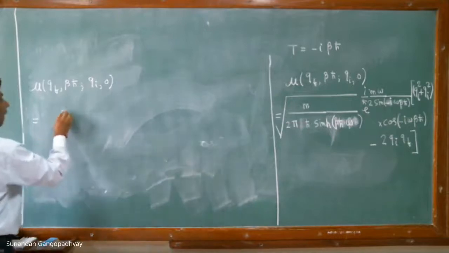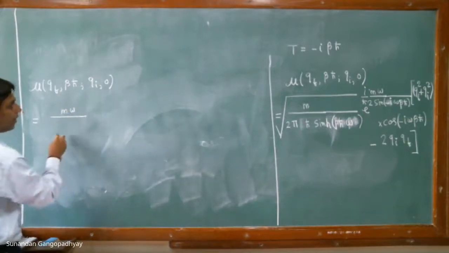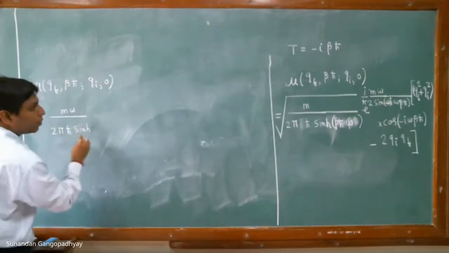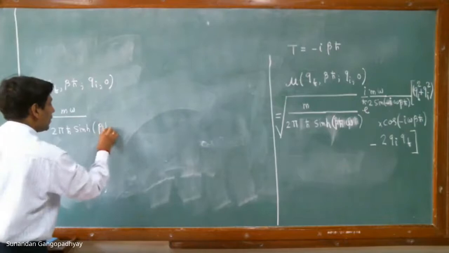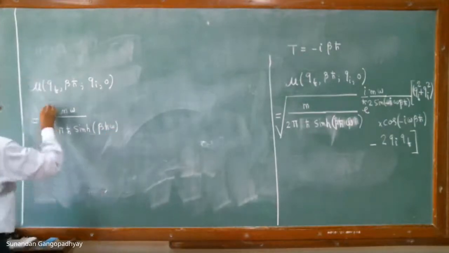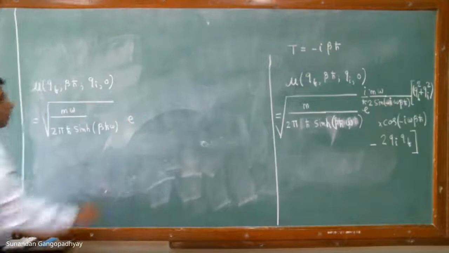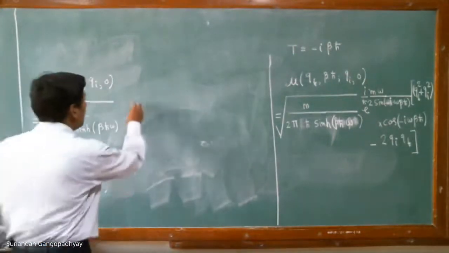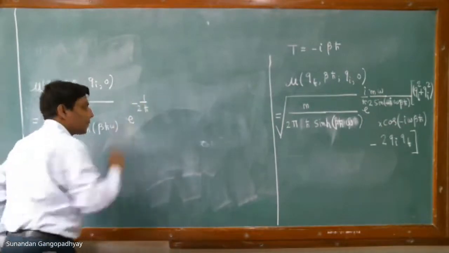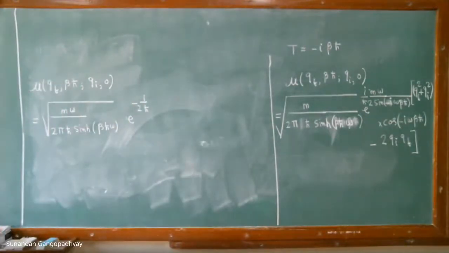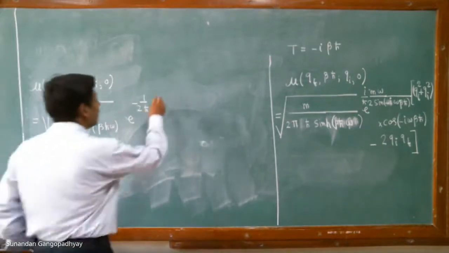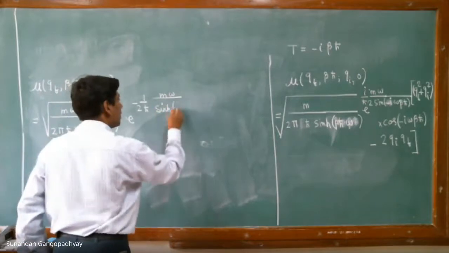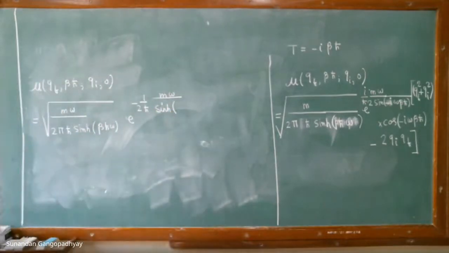The final thing that we shall get is the following. It will be the square root of m omega divided by 2 pi h bar sine hyperbolic beta h bar omega, into e to the power of minus 1 by 2 h bar, m omega by sine hyperbolic beta h bar omega.